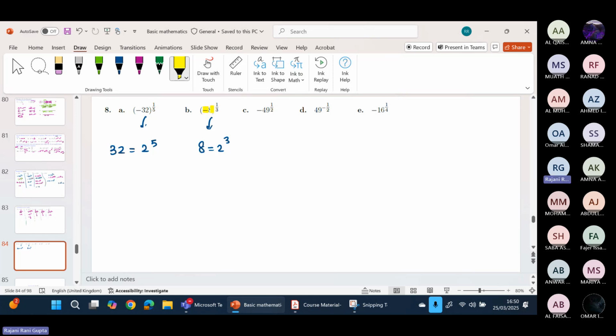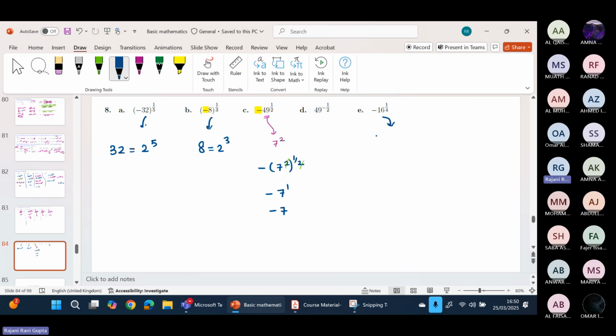Here minus is inside the bracket. Here minus is outside. So you can write 49 as 7 power 2. So when you work with this question, it is minus 7 power 2 and power half. You can cancel half with 2, giving you the answer minus 7 power 1, that is minus 7.